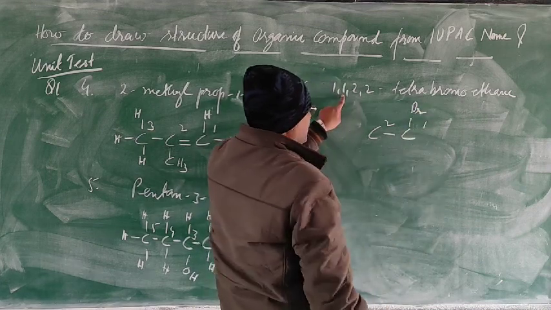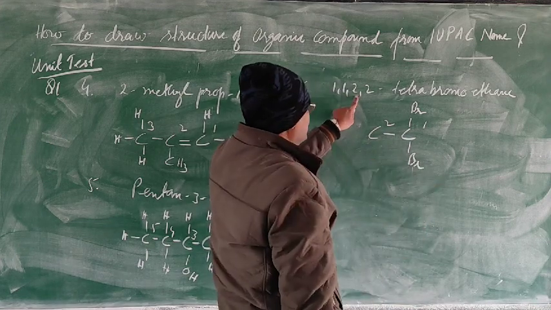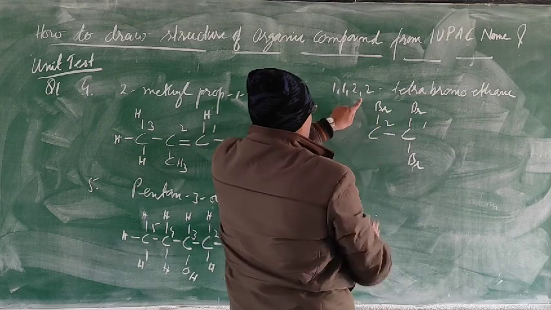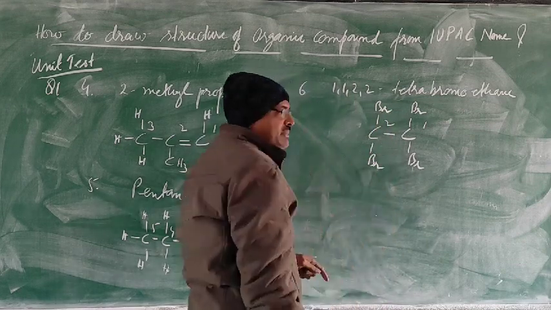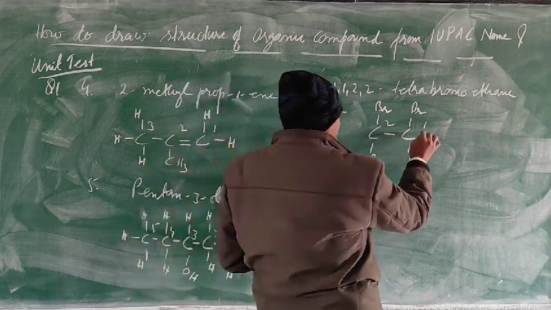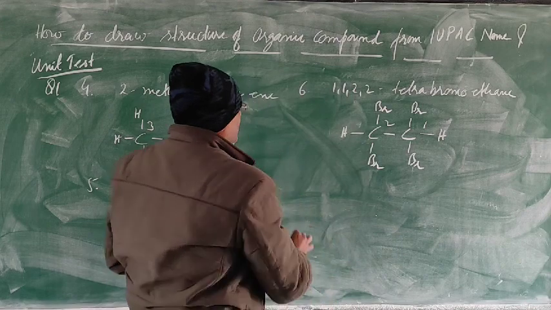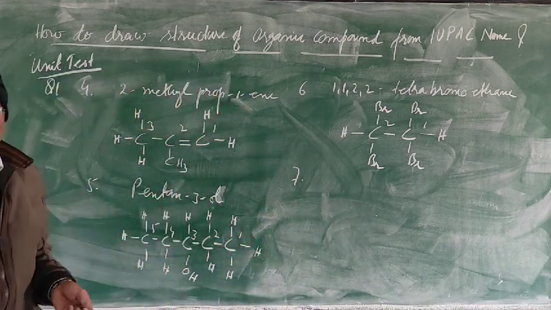Then another bromine is coming again on the first carbon. Then write here bromine. Then the third bromine is coming on the second carbon. Draw here bromine. Then the fourth is coming on the second carbon. Now the rest of the valences with hydrogen atoms. So here 1 hydrogen, here 1. So this is the structure of 1,1,2,2-tetrabromoethane.